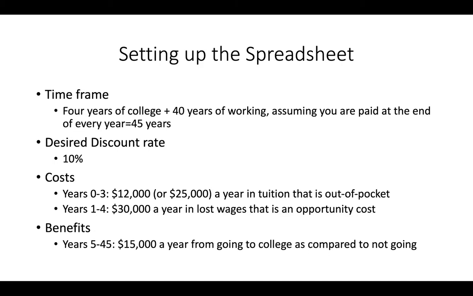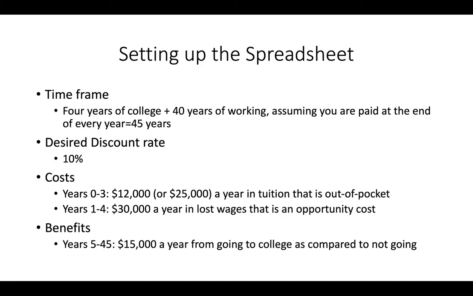We're looking at the with college option versus the without college option. So most of you that I looked at had $45,000 a year as the benefit from going to college. But that's a with option, ignoring the without option. If you didn't go to college and you just worked, you'd still make 30,000.